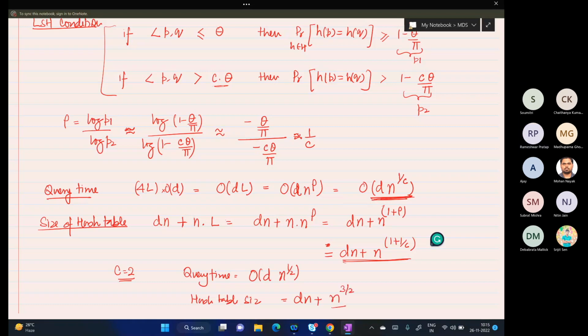So this c gives us the trade-off between the query time and the size of the hash table, with respect to the margin of error that the user can tolerate. Is this point clear?